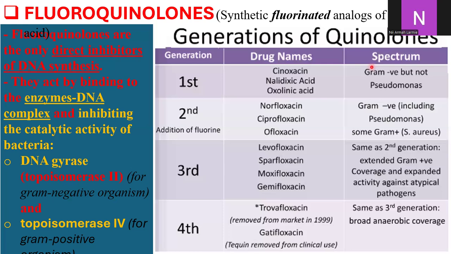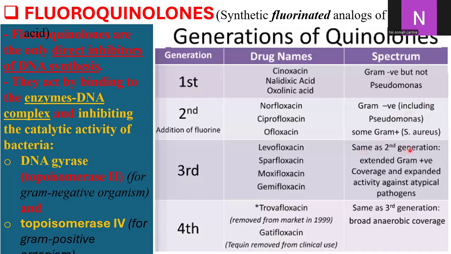Concerning spectrum of activity, the first generation are mostly gram-negative but have less activity against Pseudomonas. The second generation has an extended gram-negative activity, including Pseudomonas, and some gram-positive activity, like that of Staph aureus.